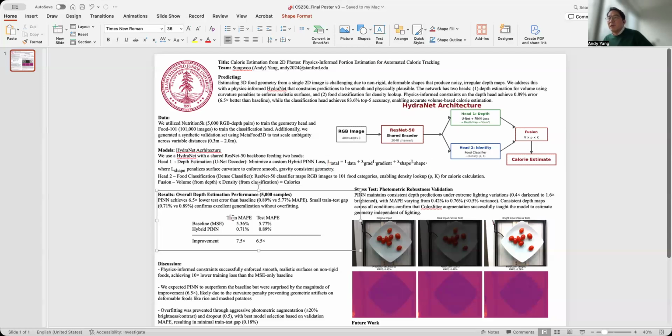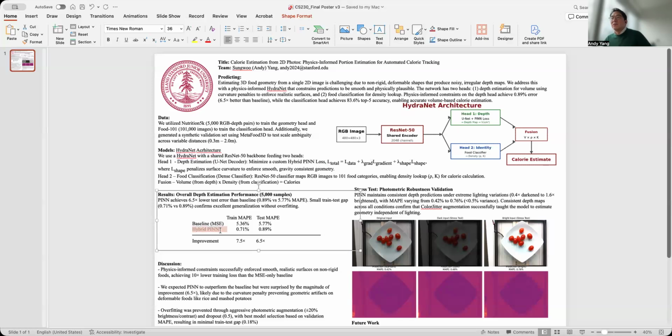I'm comparing the train mean absolute percentage error and test set MAPE. First here, the baseline case based on mean square error is showing 5.36% in the depth estimation, and the test set showing 5.77%.